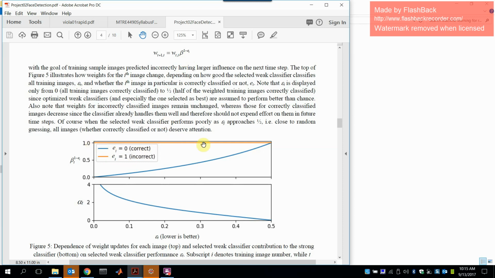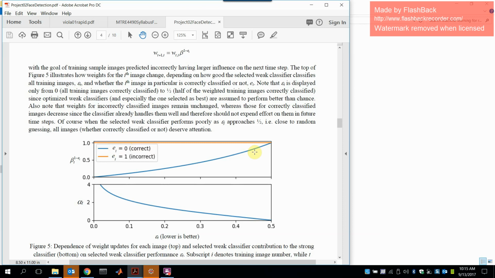So no matter what, that image's weight is not going to change. Okay? So if that image was incorrectly classified in that step, the next step's weight will not be changed. If that image is correct, the blue line, then it will be decreased.